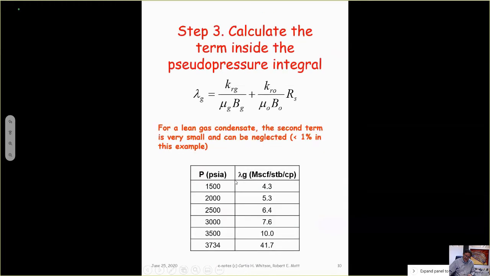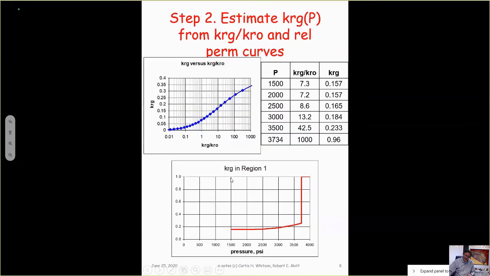Because as the producing gas oil ratio increases, these numbers are all going to increase, and these numbers are also going to increase. The PVT properties don't change. So that this thing will be lifted continuously upwards. It won't be lifted to 1, but it'll become higher and higher. That's right.